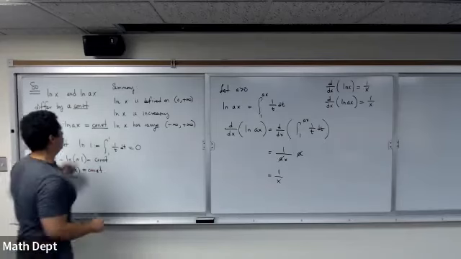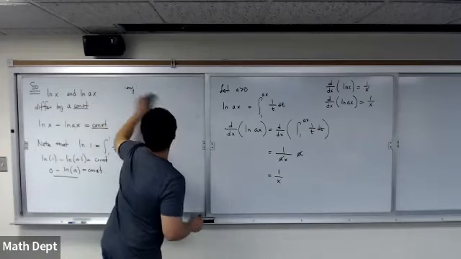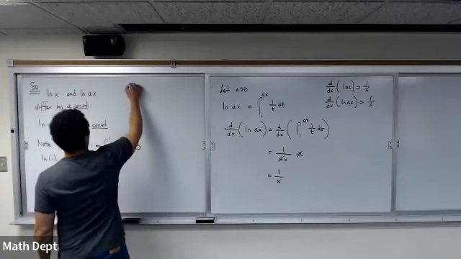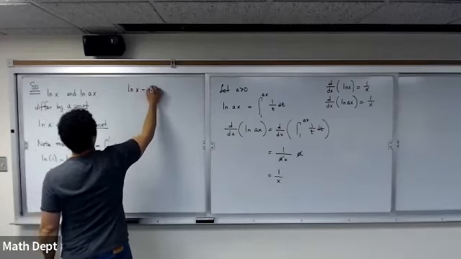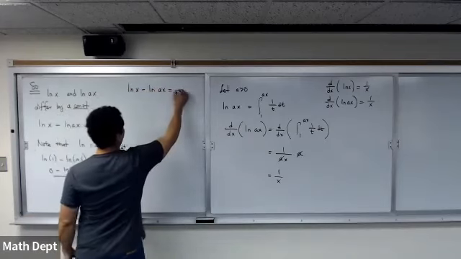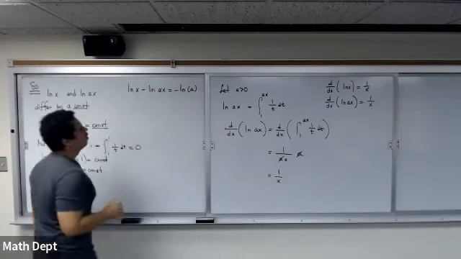But if that is the constant, well, let's just write it. We would say ln x minus ln ax is equal to negative ln a.